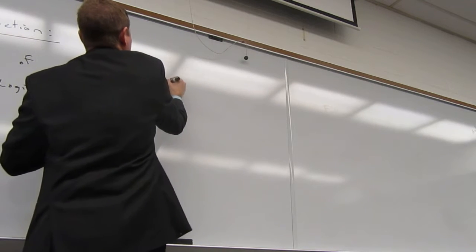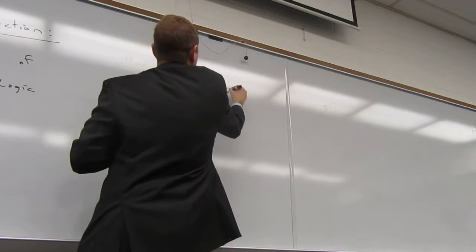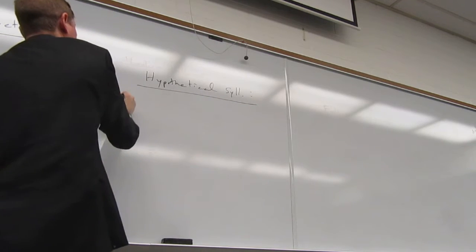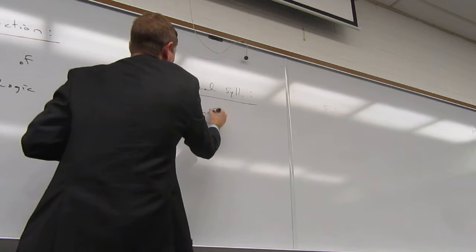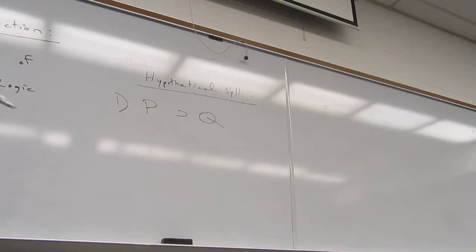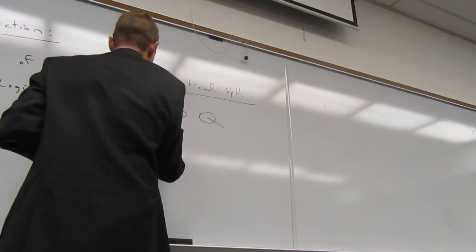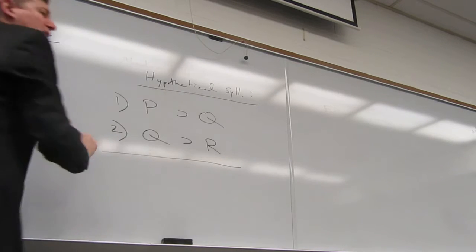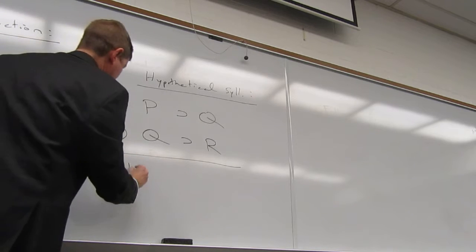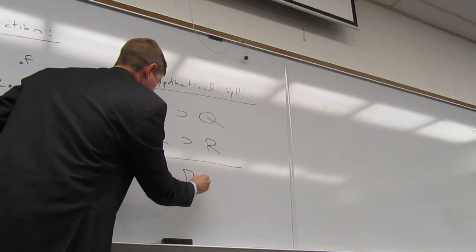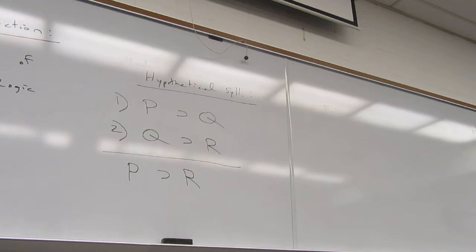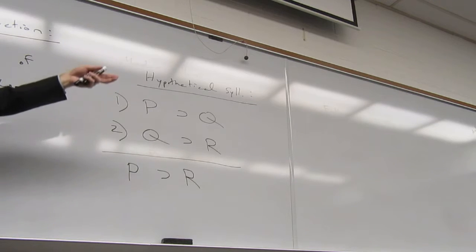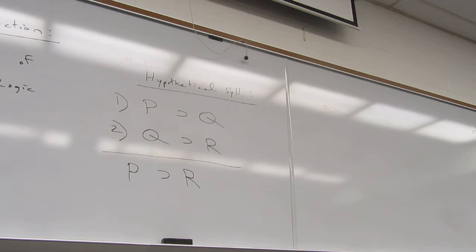You've already seen the hypothetical syllogism, which looks like this. If P then Q, and if Q then R, we can therefore conclude if P then R. Of course, you can plug in your wallabies and marsupials and so forth, and you can clearly see some very simple examples.